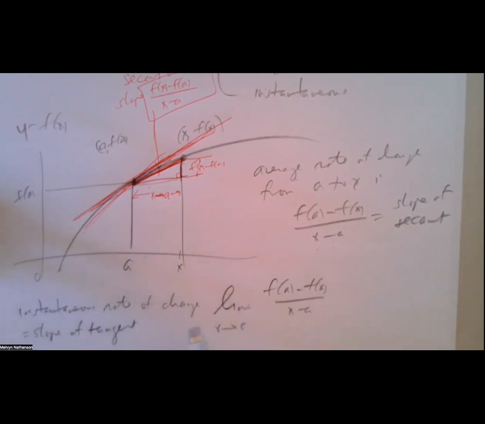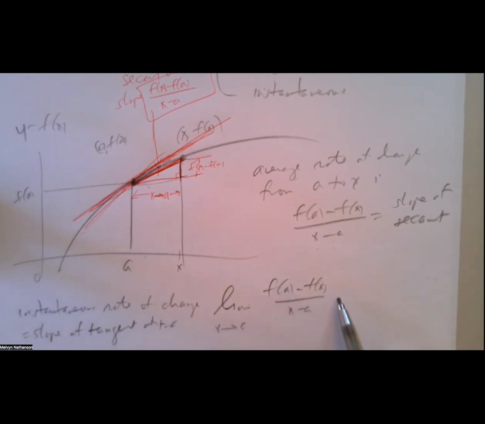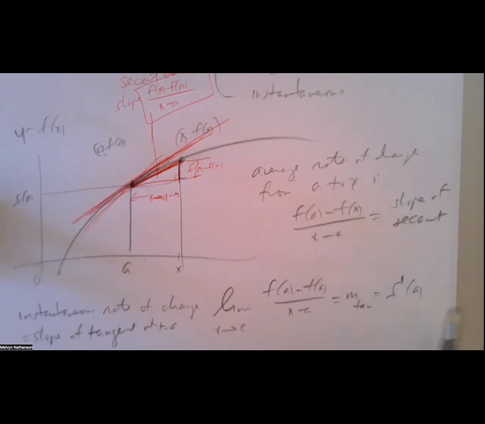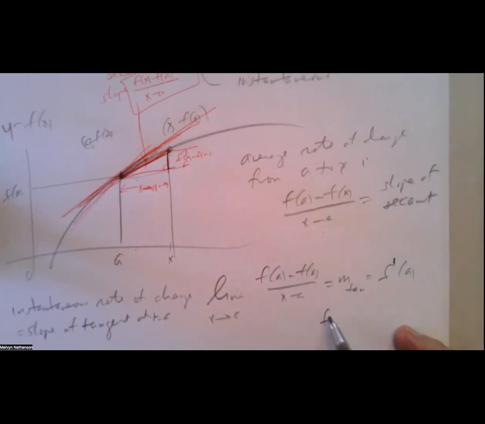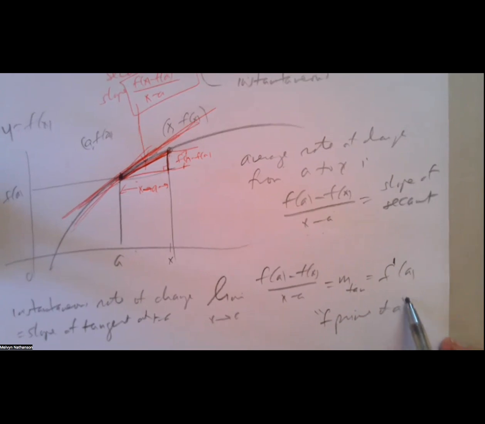That's how we interpret this at x equal a. And this number, M for slope, M slope of the tangent, is what is called the derivative. So this is what we would call f prime of a. And we read this as f prime of a. This is one of many notations for the derivative.